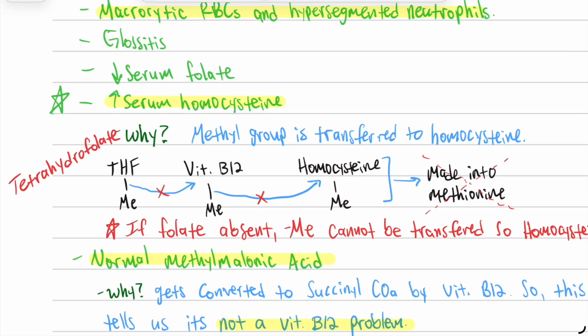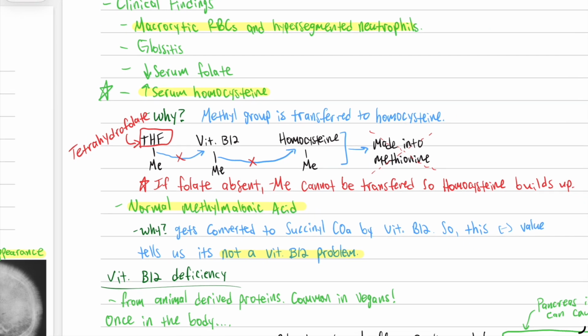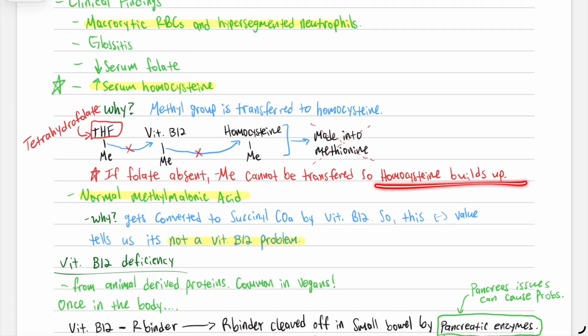So if we're deficient in folate, we can't get the methyl group transferred to homocysteine, and we can't make methionine. And so what happens is homocysteine builds up for this reason, because we can't get the methyl group transferred, and we can't get methionine to be made from homocysteine.